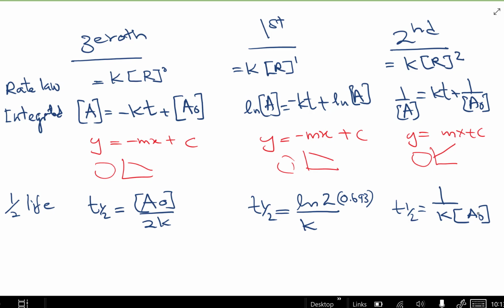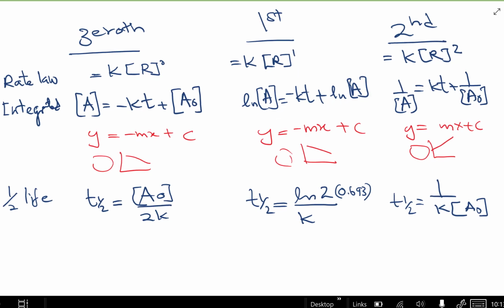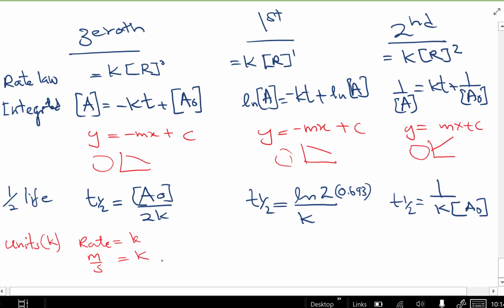Now if you're given the half-life, or if you're given the k, how do you find out the time, or k, right? So the units are also sometimes important. Rate is k in the 0th order. So the rate is mole over liter per second, and the units of the k are that one. So you can also rewrite this as molarity per second. For the first order, rate is k times M, and the rate is M over s.